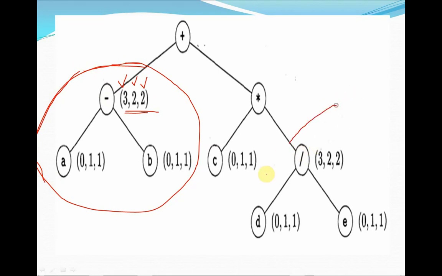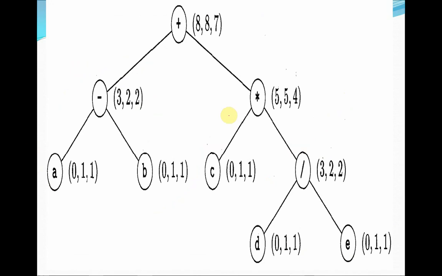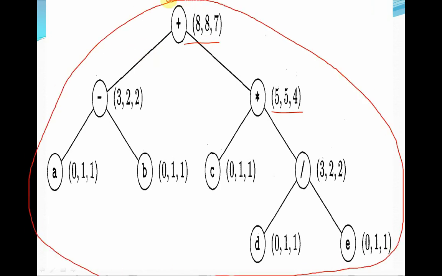So here also same. Apply this logic to the next levels. Means here I will get 5, 5, 4. Here I will get 8, 8, 4. That means to translate this total expression into target code, if I go through option 1 or category 1, the cost is 8.